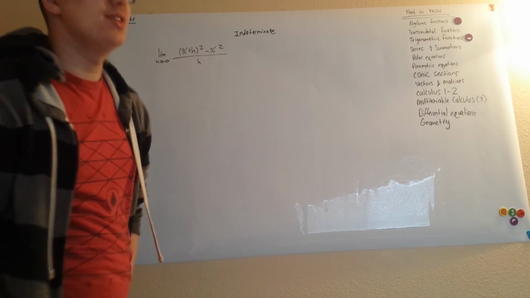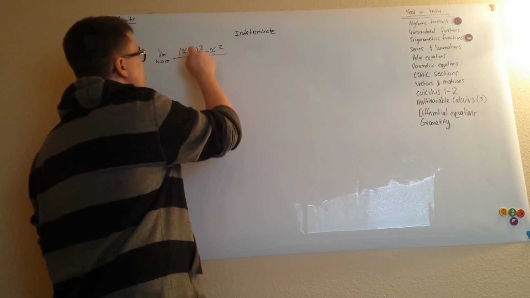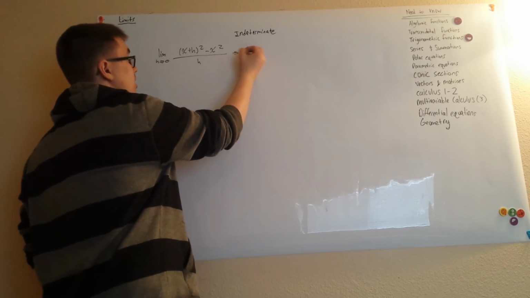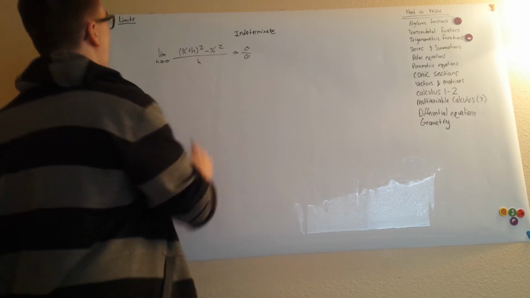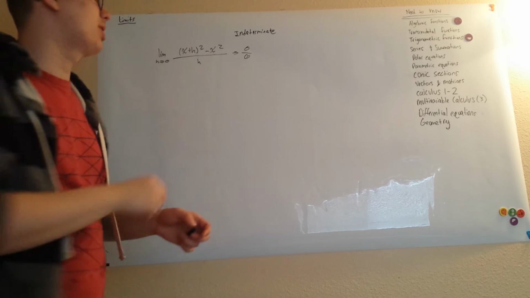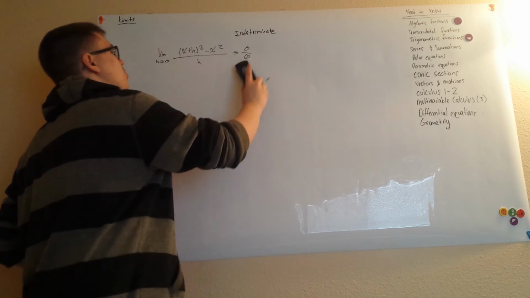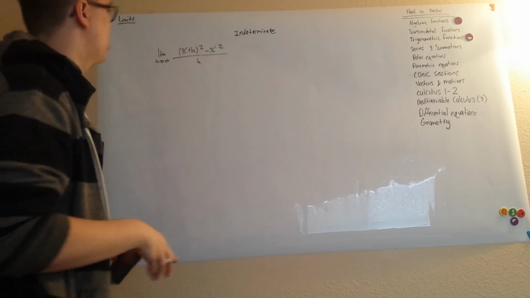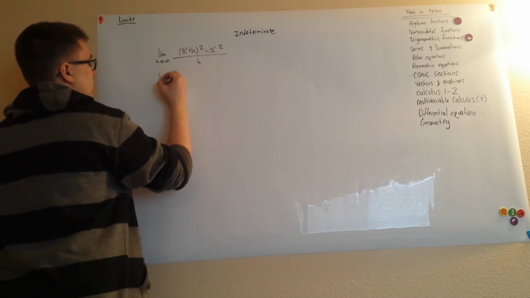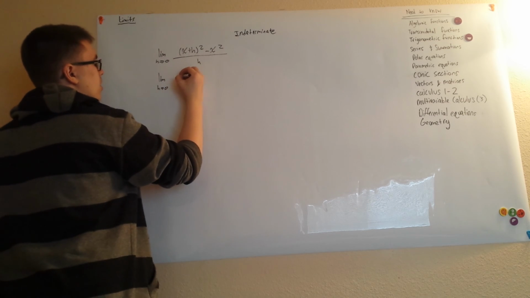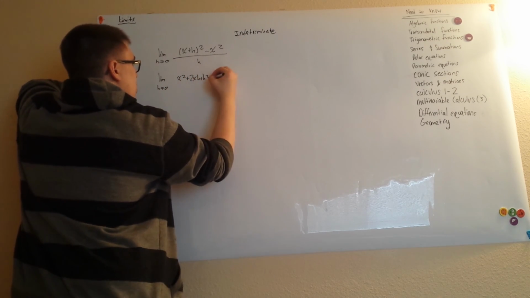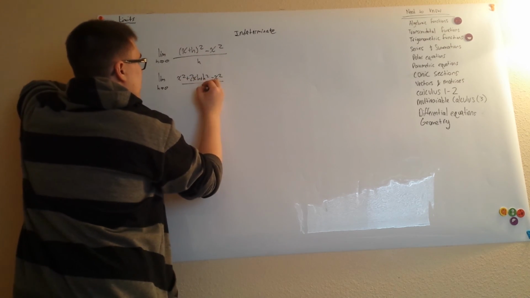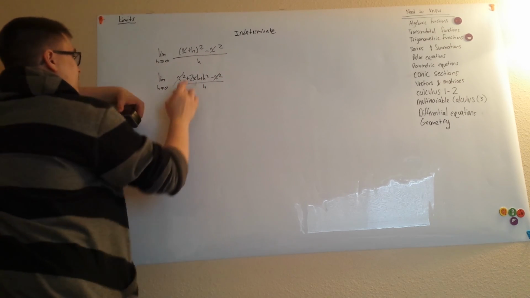Let h approach 0. Wait, what happens if we plug in h? Oh, we get an indeterminate form. Because we've got x squared minus x squared. Oh, 0 over 0. We have to do some algebraic manipulation. We have no choice but to expand the top. These cancel out, we can factor an h out.